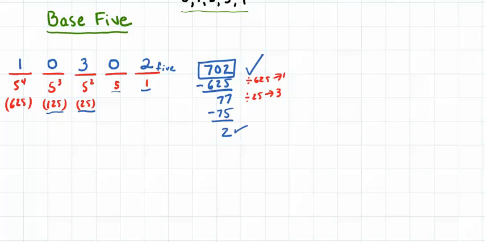Be careful, don't read this number as 10,302. It's not. That would be as if it were in base 10. To read a number in base 5, you simply list the digits, 10302, and then you say base 5.